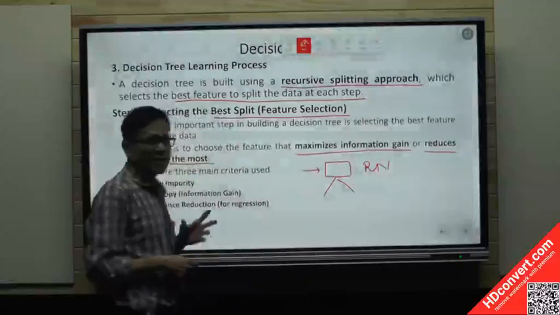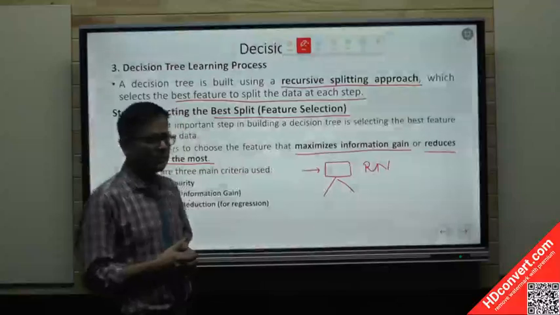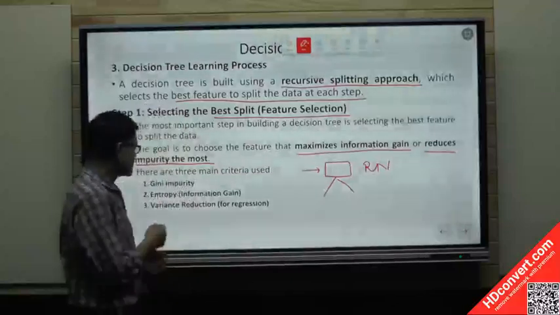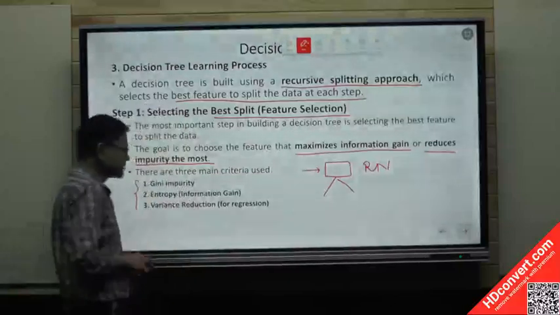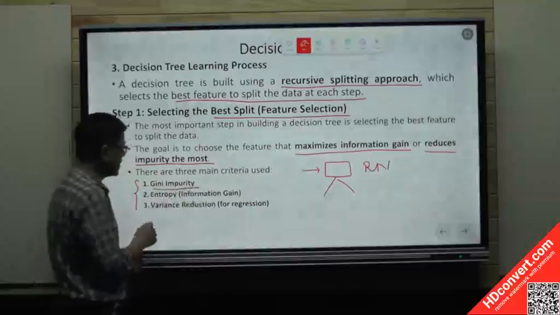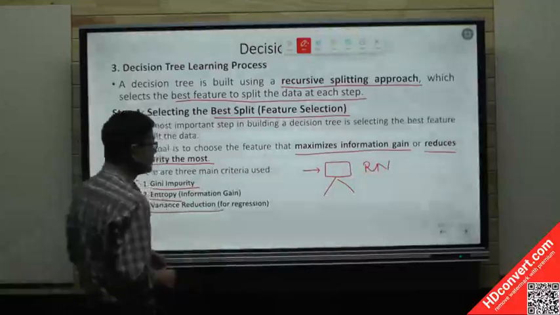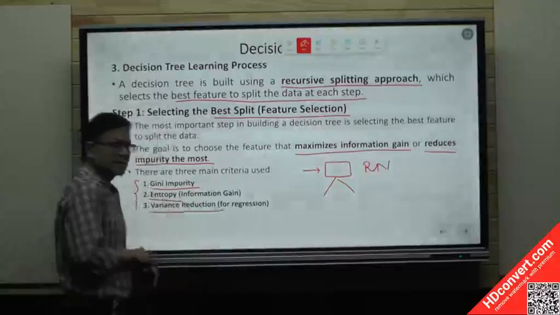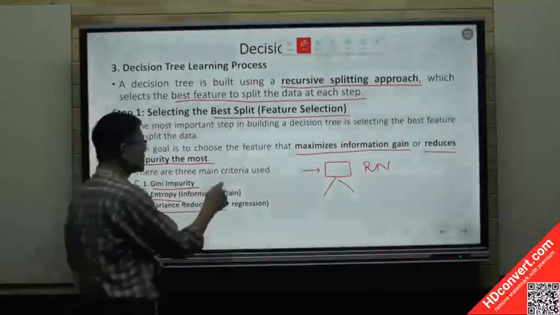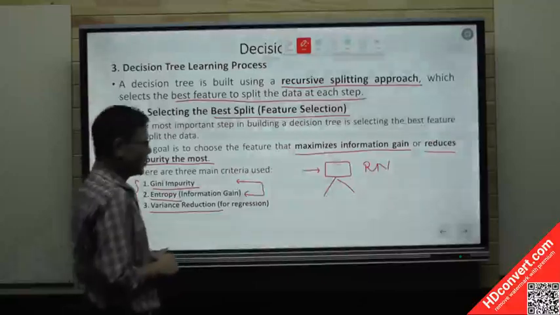There are three main criteria: Gini impurity, entropy, and variance reduction for regression. In this lecture series we are just focusing on how these two calculations are done.